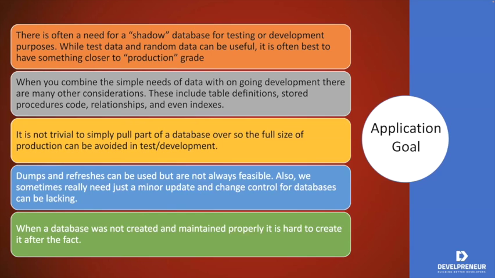So the application goal, the whole reason this came about, is that I think all of us have probably run into a situation where we need a shadow or mirrored database for testing or development purposes.